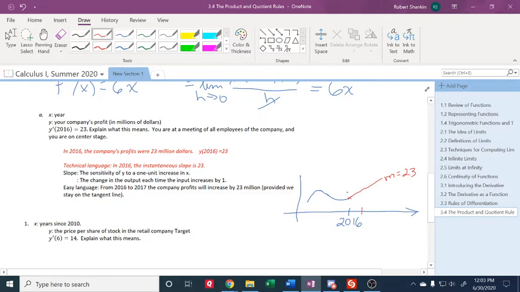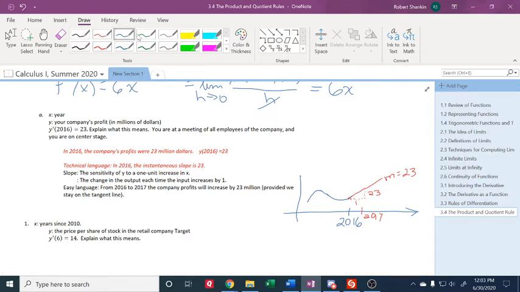The rise over the run is 23 over 1. 23 to 2017.